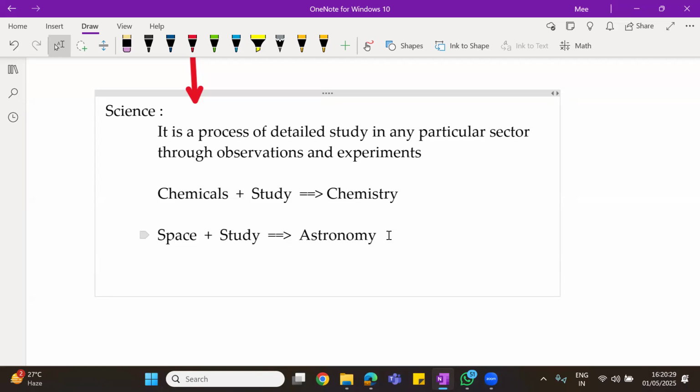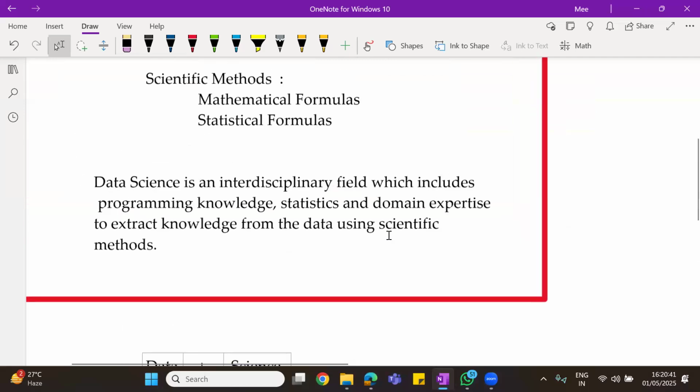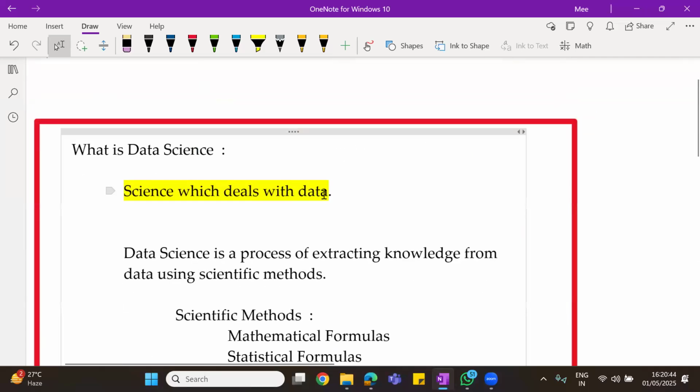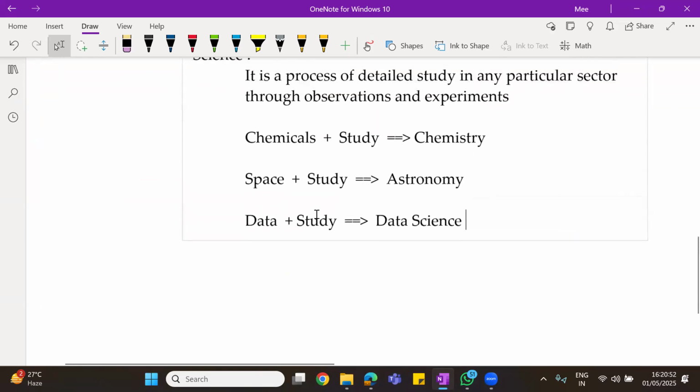And if you take data and you are doing a detailed study on data, it is called data science. That is what I said over here: science which deals with data. What is science? Science is nothing but a detailed study. What you're doing on the data is called data science.